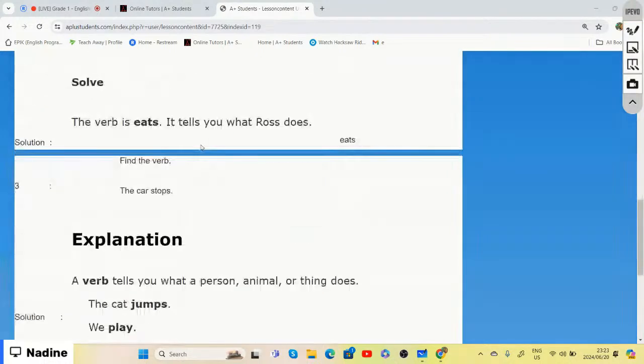All right, let's go to the next one. It says the car stops. The car stops. What is the verb within that sentence?